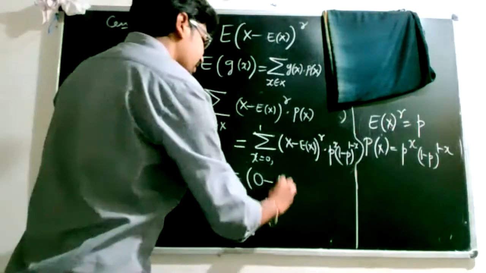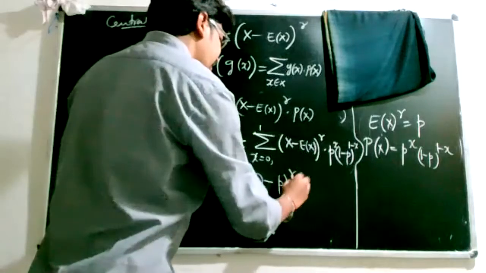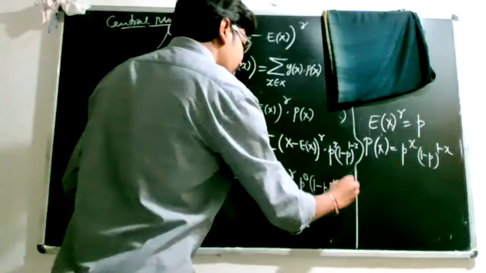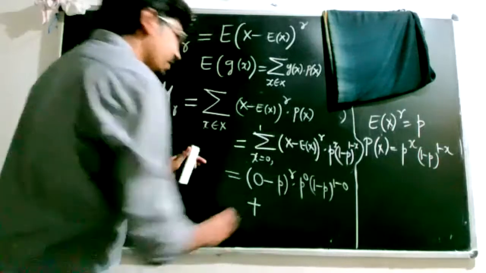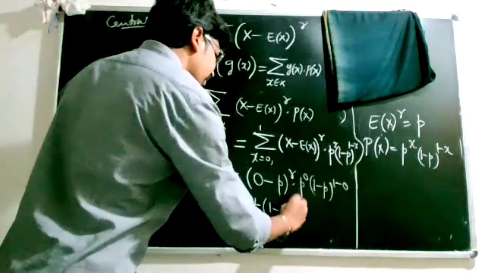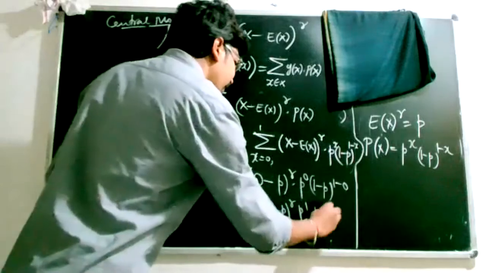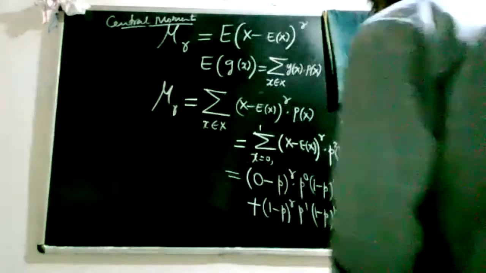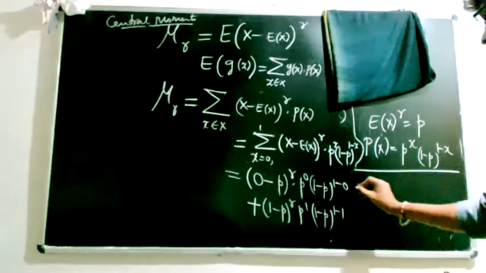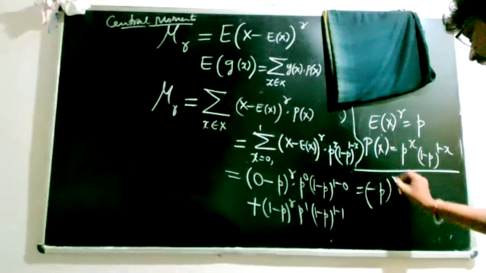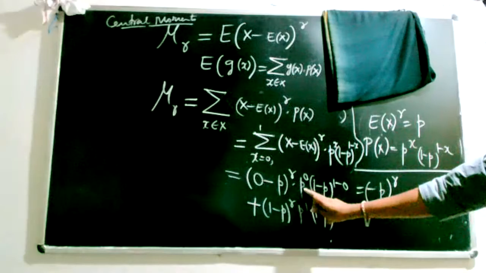So this will be 0 minus p to the power of r into p power 0, 1 minus p power 1 minus 0. And when you put x is equal to 1, you get 1 minus p to the power of r, p to the power of 1, 1 minus p to the power of 1 minus 1, which simplifies to minus p whole power r, and this becomes 1.